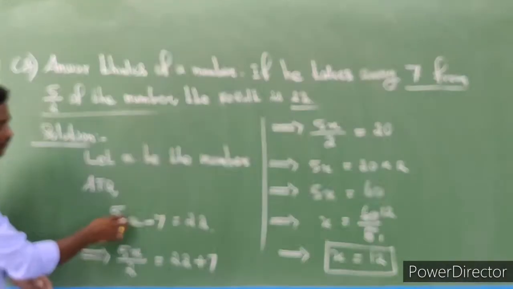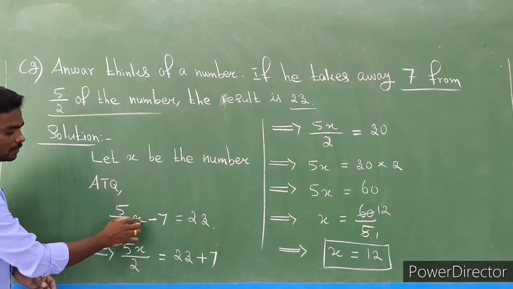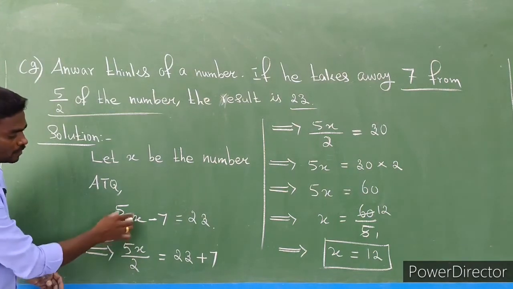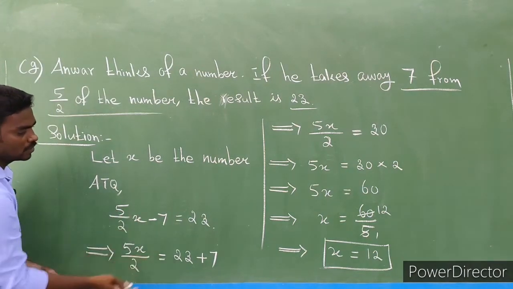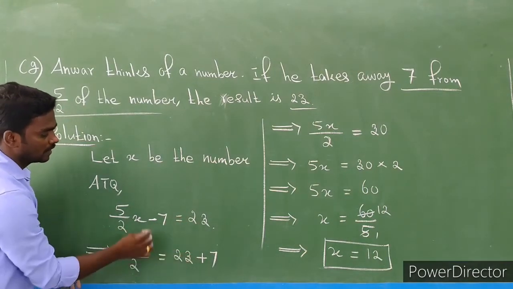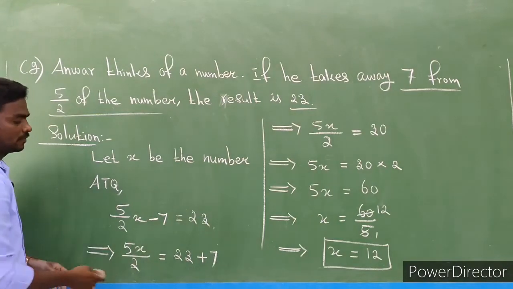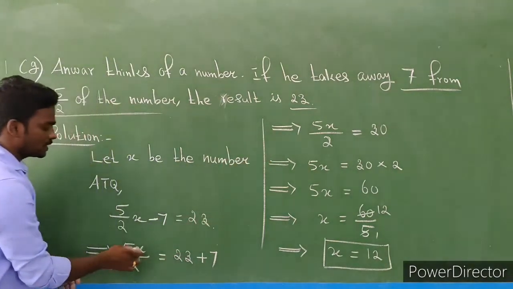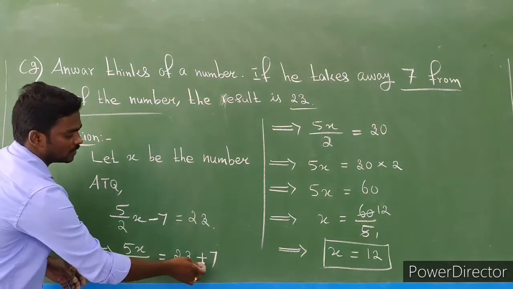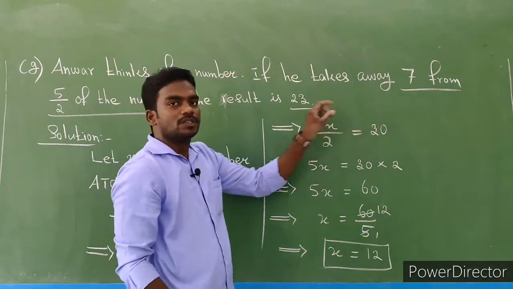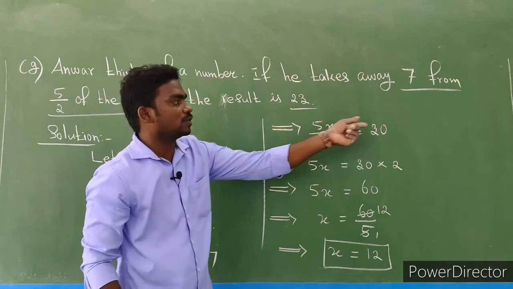Implies that 5 by 2 into x means 5 multiplied by x divided by 2. So 5x divided by 2 is equal to 23 plus 7. This minus 7 transposes to plus 7 on the right side. So 5x divided by 2 is equal to 30.